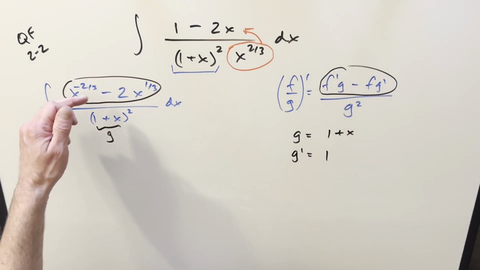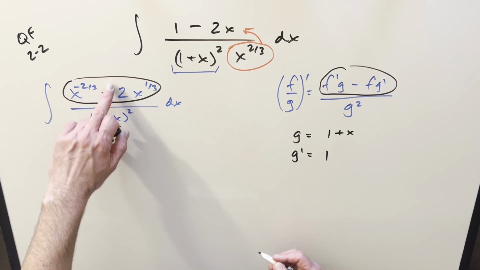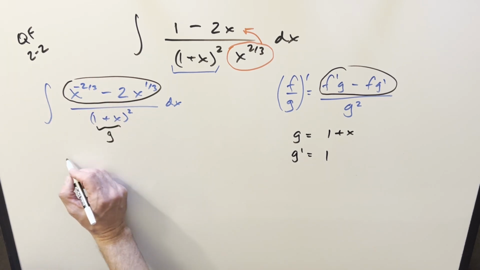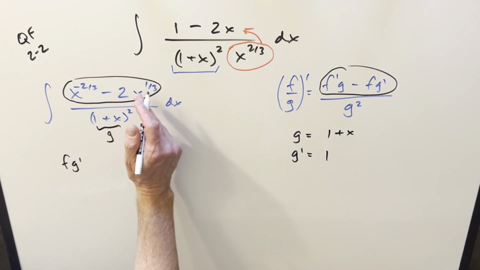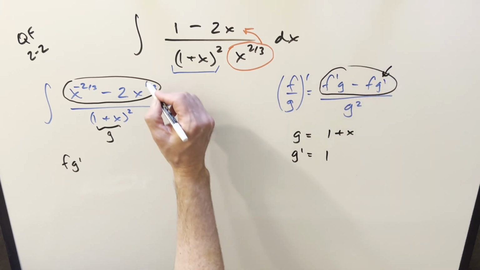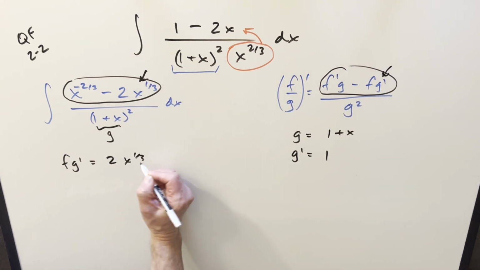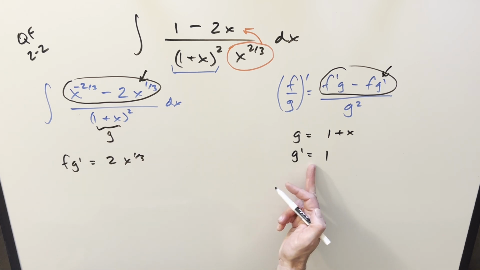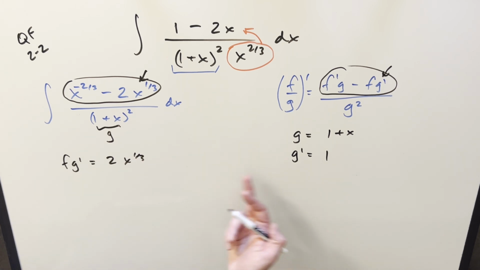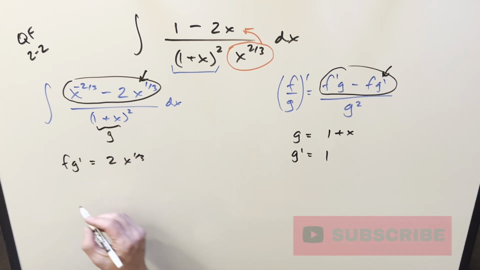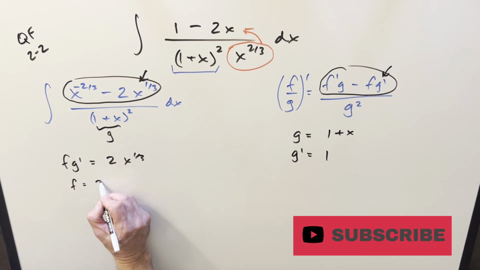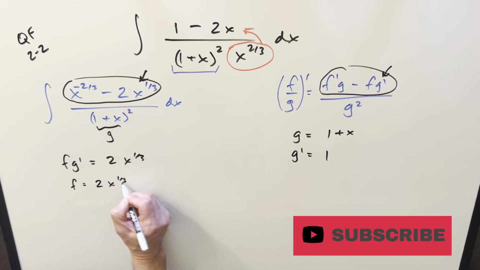It would be nice if we could match them one to one. We want f g prime to equal this part, so we want f g prime to be 2x to the 1/3. But we're assuming g prime is 1, so what we need is f equal to 2x to the 1/3.